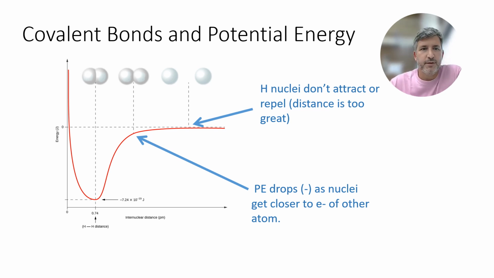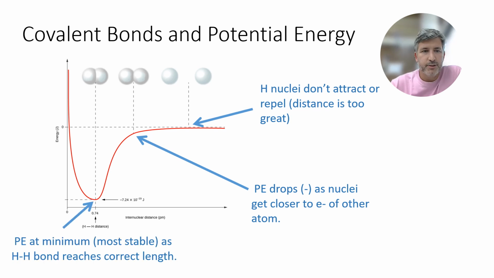And so the positive nucleus from this hydrogen atom is getting closer to that negative charge on the electron in the other atom. And then there's a minimum energy that they reach, which is way down here at the bottom of this trough, and that is the most stable distance between the two nuclei. So that's what we're measuring here, the distance between two nuclei.